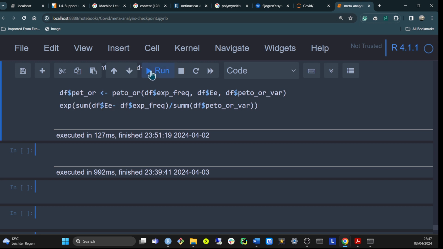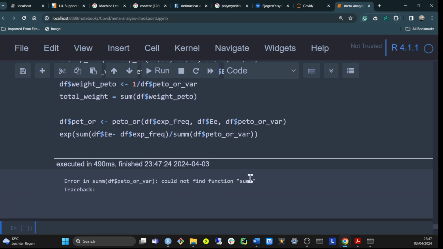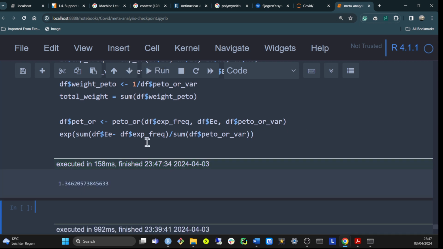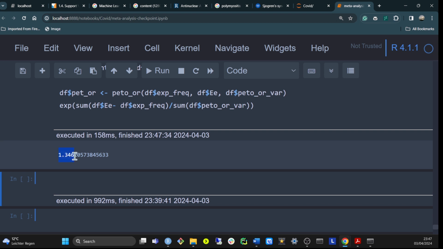So here I have Peto's pooled odds ratio would be 1.35, 1.12, and then the upper confidence interval would be 1.62. So let me add actually one value. Let me add this comma. Then we get everything.